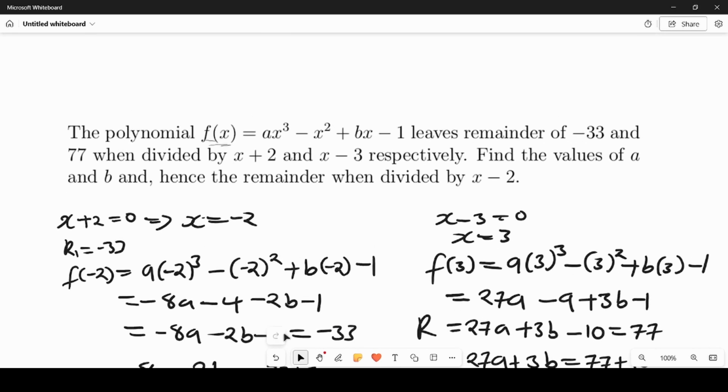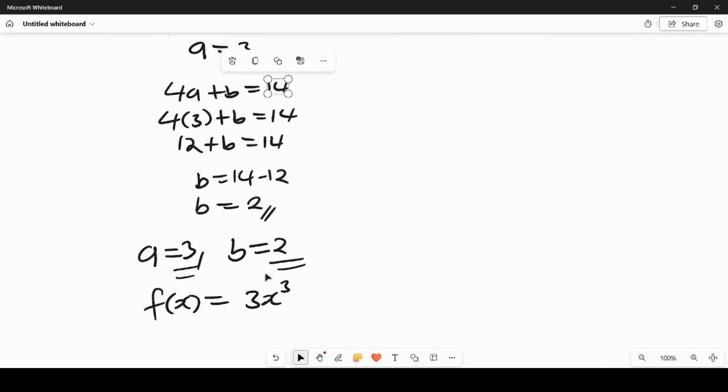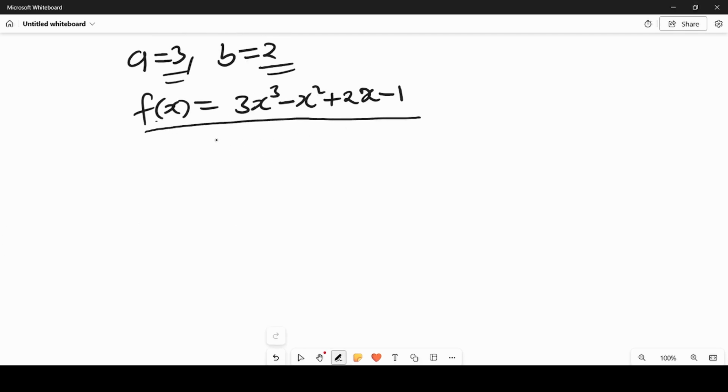Minus x squared plus 2x, and the last part was minus 1. This is our given polynomial, now with the values of a and b.